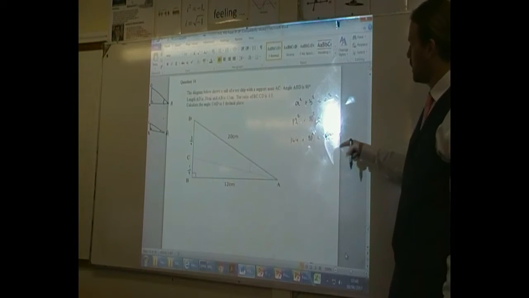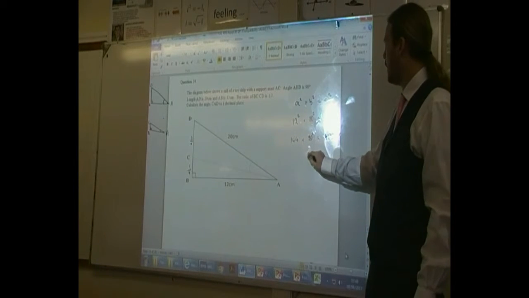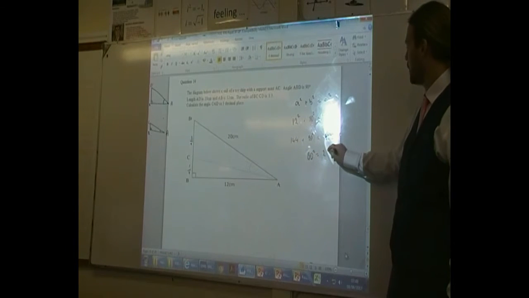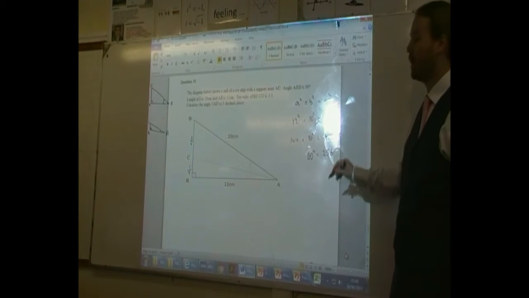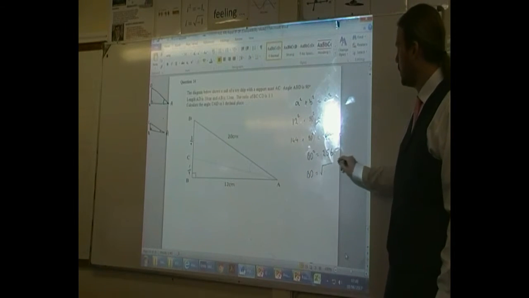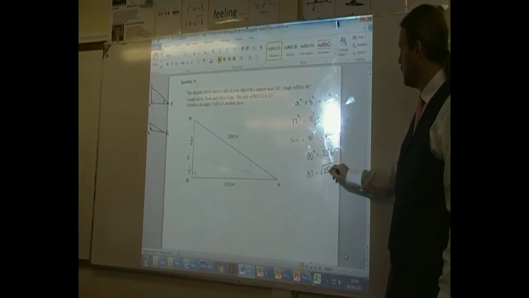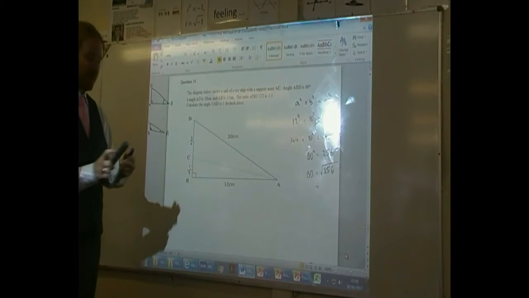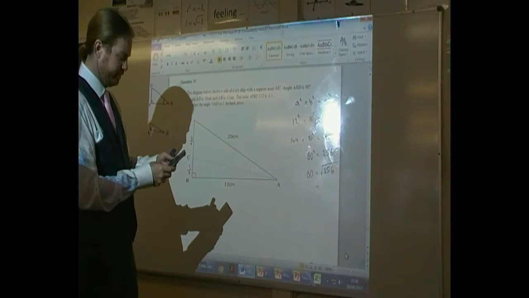If I then subtract the 144, I'm left with BD squared equals 256. And then to find BD, I need to take the square root of 256, which I'm pretty sure I know the answer to, but since I have a calculator, I'm going to check.